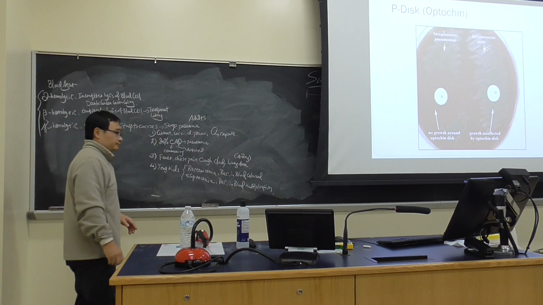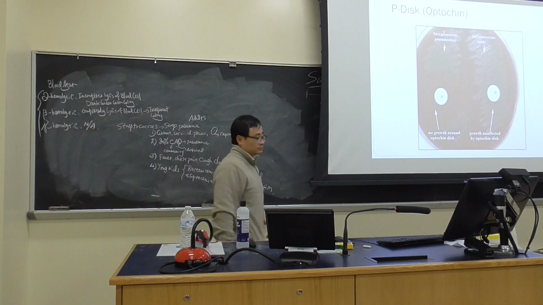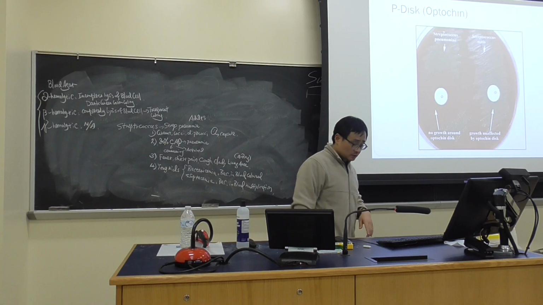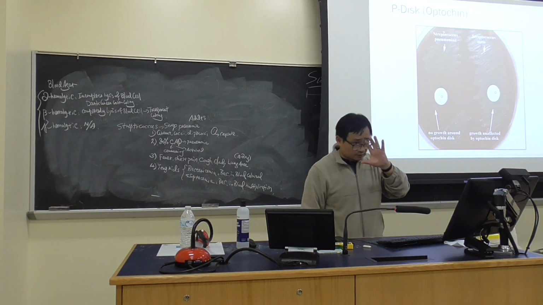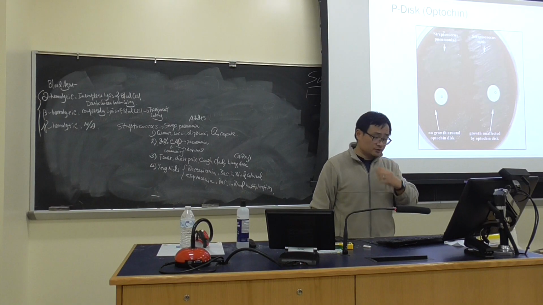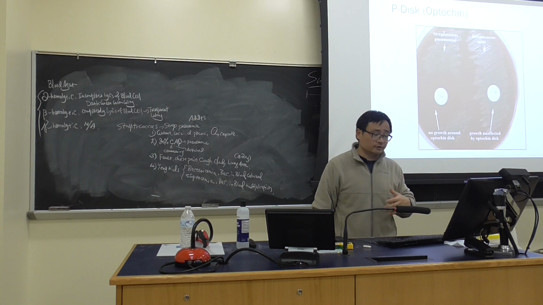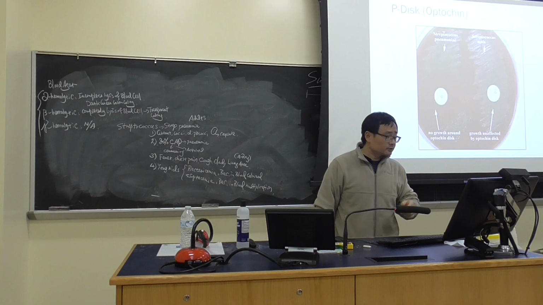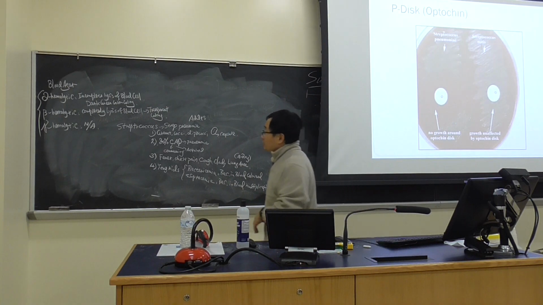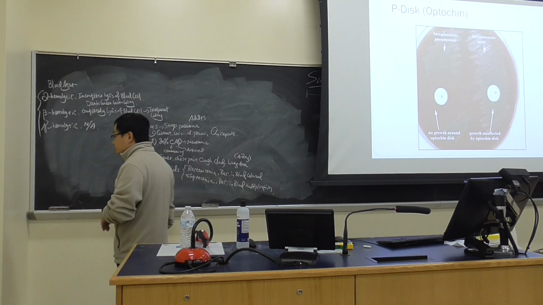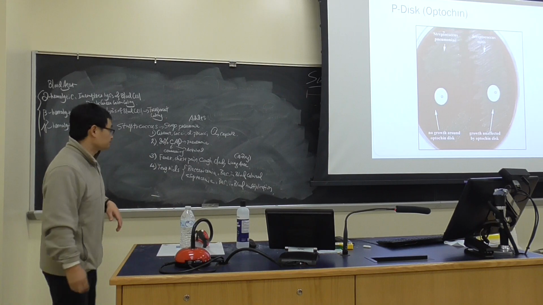Okay, now when we do the diagnosis of Streptococcus pneumoniae, the doctor will say, open your mouth. Sometimes they get a sample from the nasopharyngeal area, sometimes from the tonsil area. What happened? In your mouth, there is a lot of normal Streptococcus.